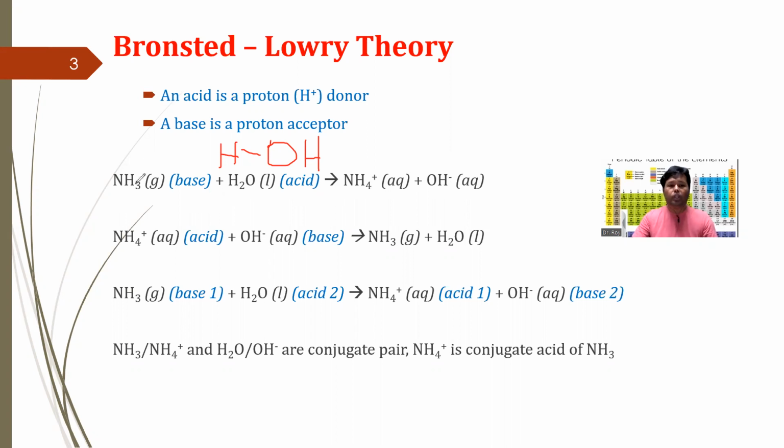So NH3 is a proton acceptor, becoming NH4 plus, and water, H2O or HOH, donates one proton to NH3, becoming OH minus. So water is an acid, donating one proton, and ammonia accepts one proton, forming NH4 plus, and is defined as a base or alkali.